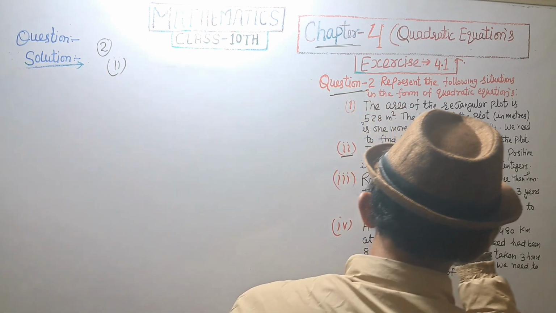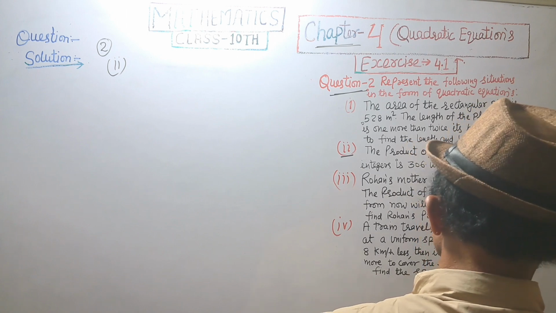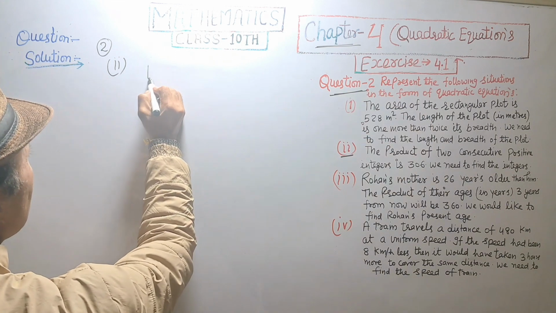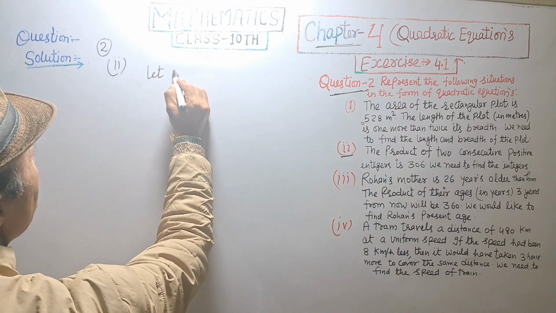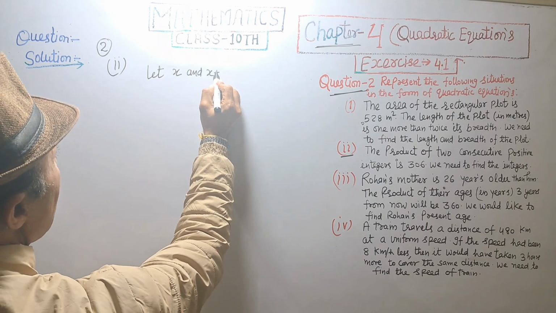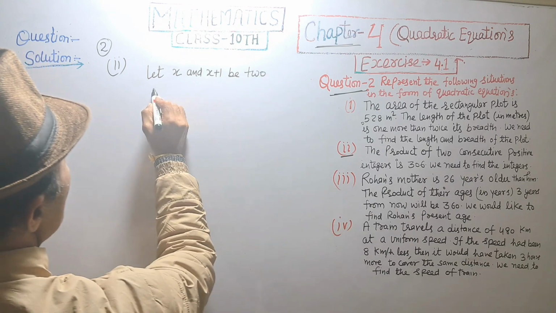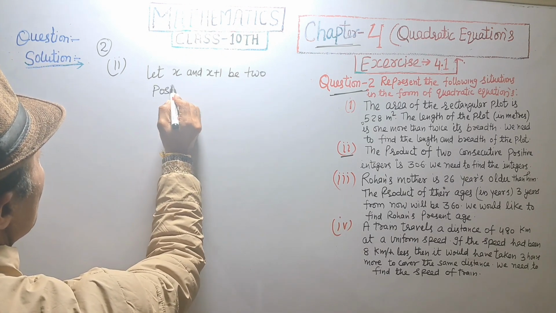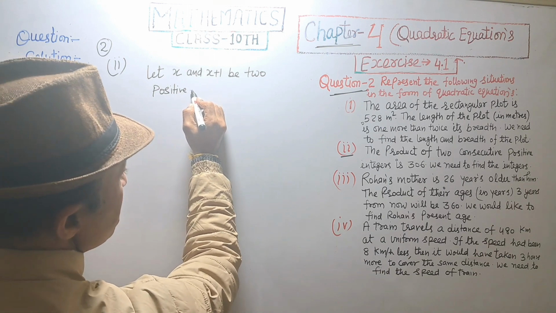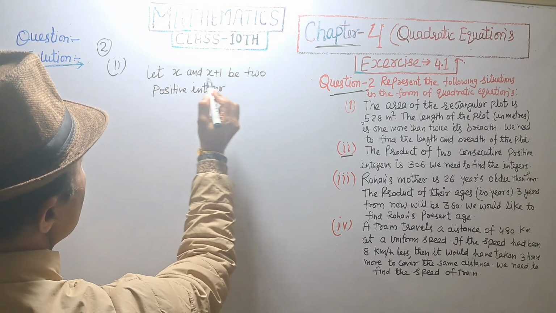The product of two consecutive positive integers is 306. We need to find the integers. Let x and x plus 1 be two positive integers.